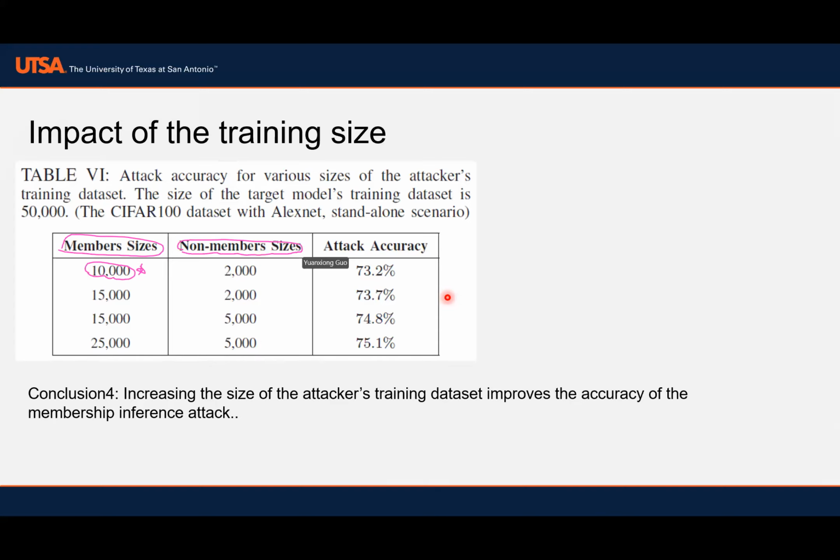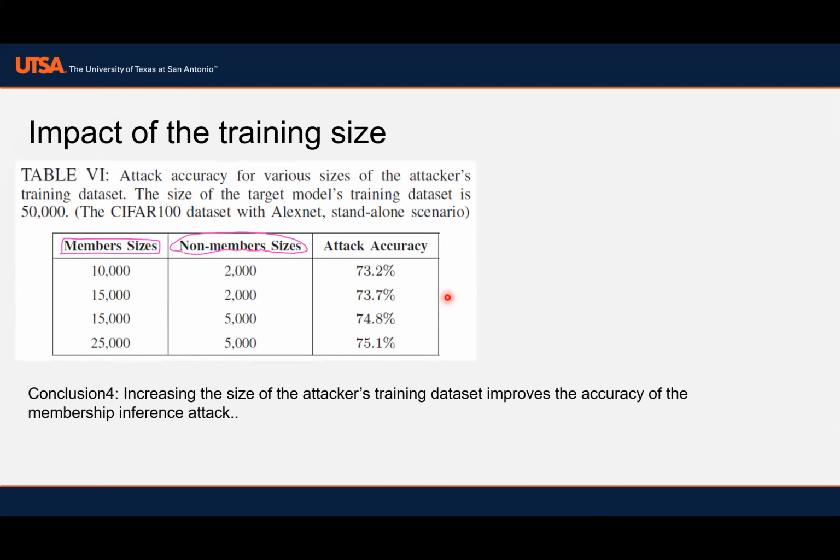But now it looks like you have a lot of member samples. The member size is much larger than the non-member size. Basically that means you actually know a lot of training data that was used before. And non-member data is actually very easy to collect, but member data is not easy to collect from an attacker's perspective.